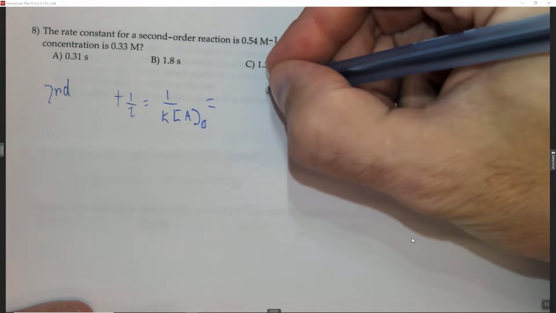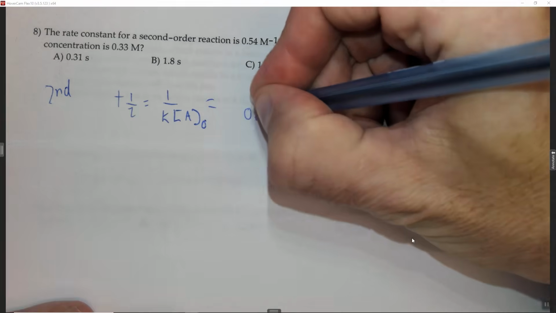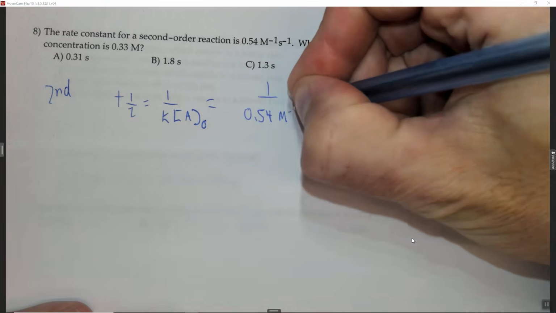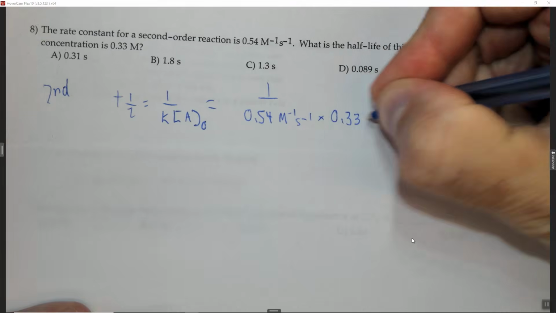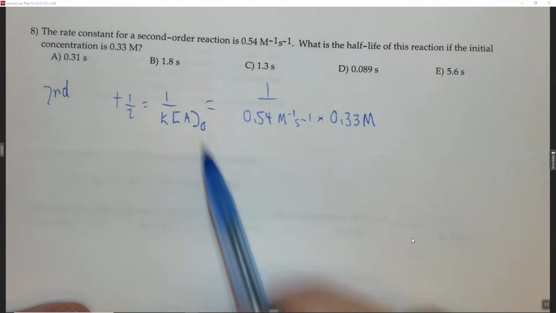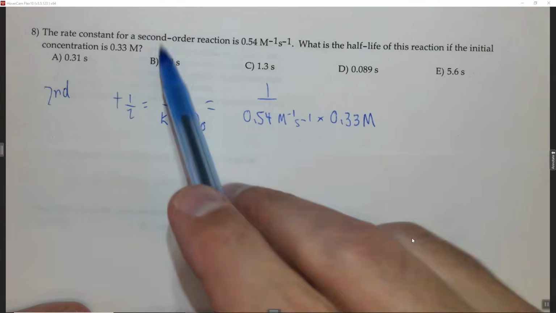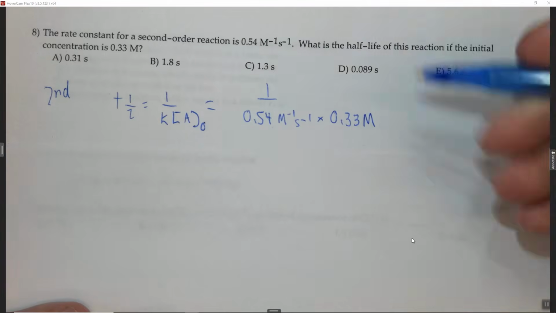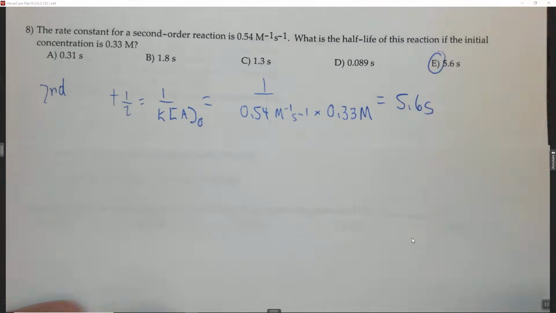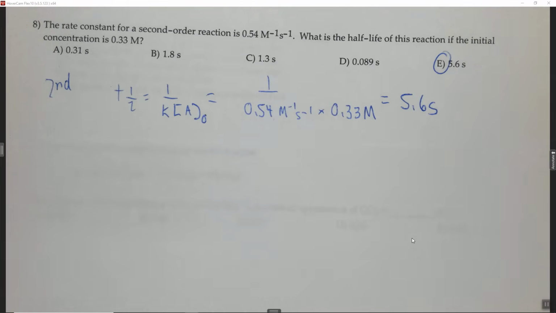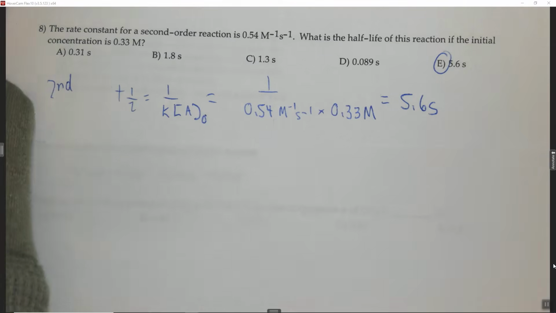So it's 1 over 0.54 per molar per second times the 0.33 molar initial concentration. I simply plugged in k and the initial concentration, and we get 5.6 seconds. These questions aren't too bad. They're much harder when you're given a half-life and then asked how much is left, and we'll do a question like that at the end.